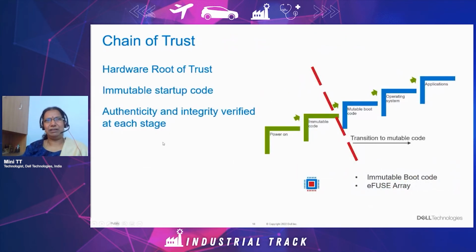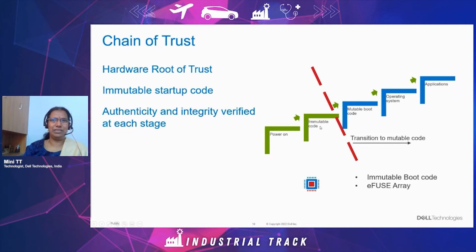And as I mentioned earlier, secure boot is what we need in an embedded system to establish a fundamental foundation for starting the boot. Even in a secure boot itself, we are still talking about establishing integrity and authenticity step by step.